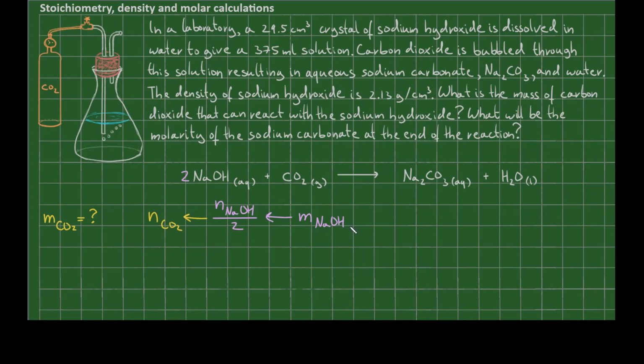Instead, we have been given the volume of the sodium hydroxide crystal. How does the volume help me? Recall, mass and volume are connected via density, and that is something that the question has given me.